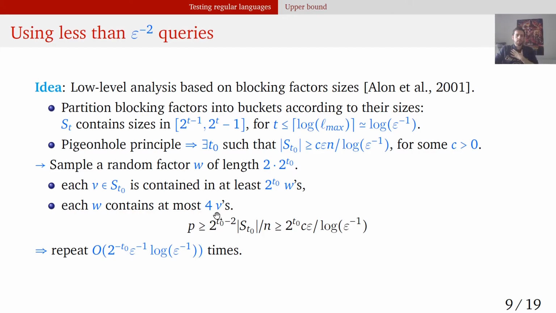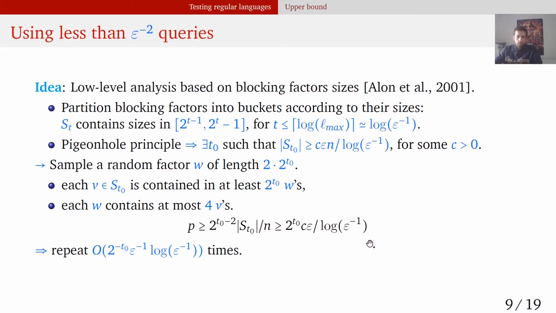This means that the probability that this w contains a v is at least 2^(t0-2) times the size of S_t0 divided by n, since there are n positions in the word. And by plugging in the size of S_t0 here, we get that this is at least 2^t0 times c epsilon over log of 1 over epsilon.